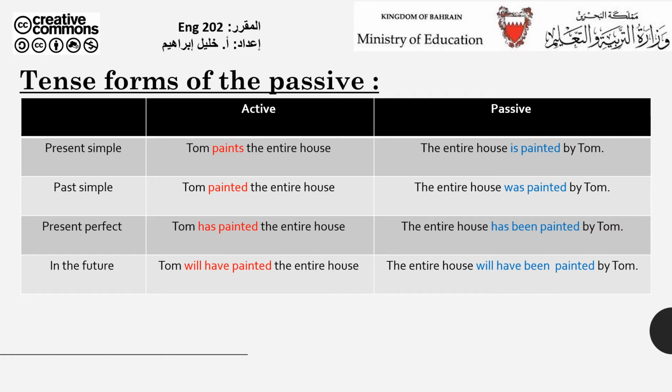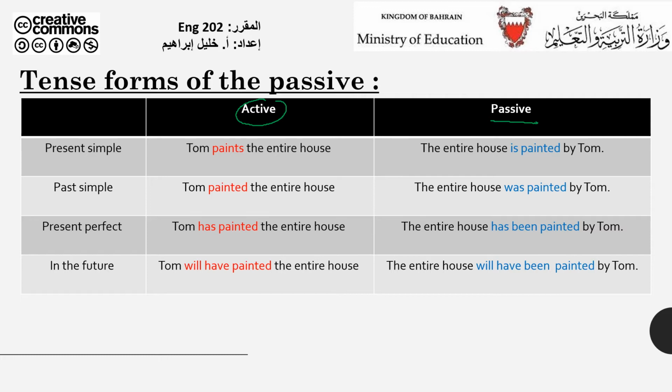We can change sentences from active into passive, whatever the tense. For example, we can change the present simple, the past simple, the present future, even the future tenses.